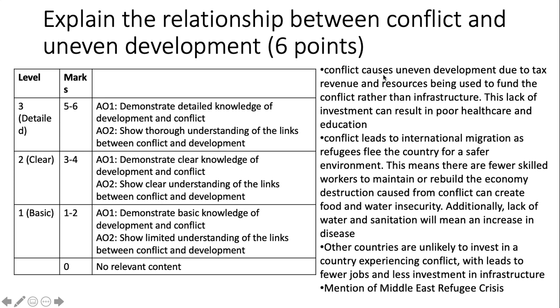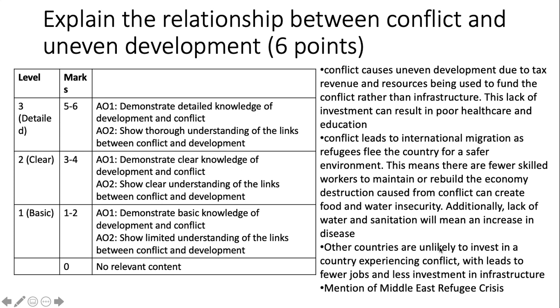So conflict causes uneven development because tax revenue and resources are being used to fund the conflict rather than infrastructure. We've got conflict leads to international migration because refugees flee their country for a safer environment, which means that skilled workers are leaving. It means that there's fewer people in the country to help rebuild or maintain the economy.